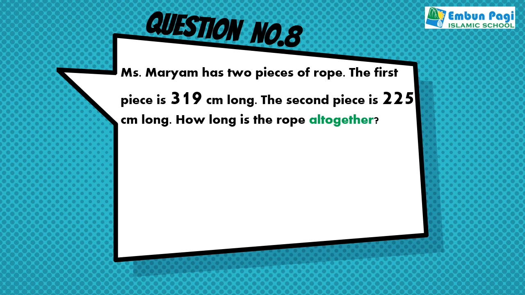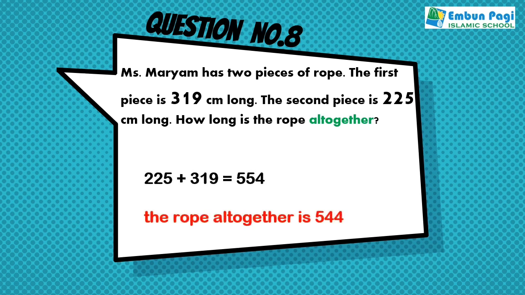This is the same as the question. We add the first rope and the second rope, so it will be an addition. The answer is 319 centimeters plus 225 centimeters equals 554 centimeters.